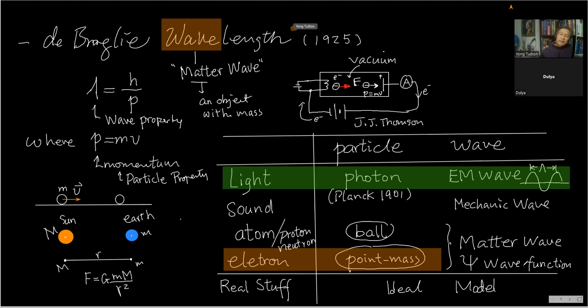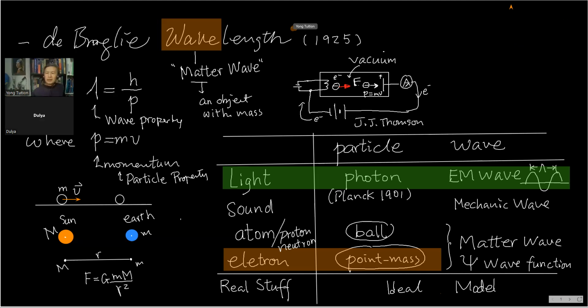Now, the reason why we have to add the matter wave model for matter is that there's another very interesting experiment done by J.J. Thomson's son. This experiment was done in 1897.